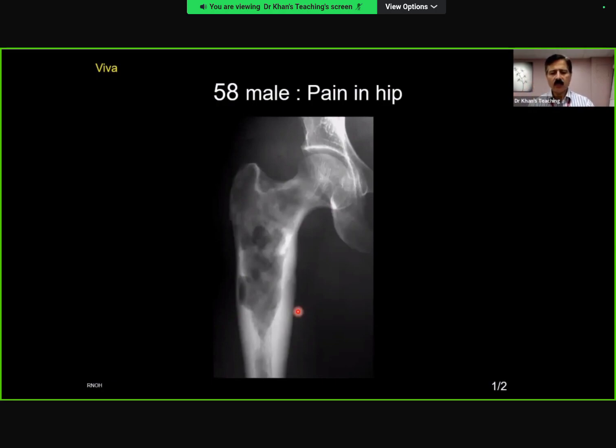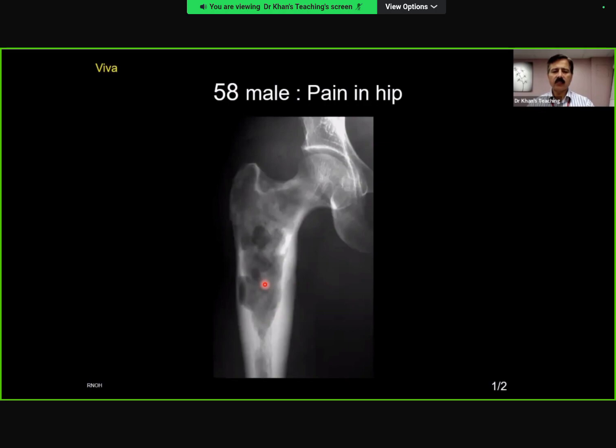So I repeat, viva questions: pain. Number 2, comparison with old films. Number 3, scalloping which is more than 2/3 of the thickness of the cortex. Number 4, if it is more than 2/3 of the length of the cortex. Next on MR, loss of lobulated high signal on T2 weighted sequence, and on contrast if there is enhancement in the same area.